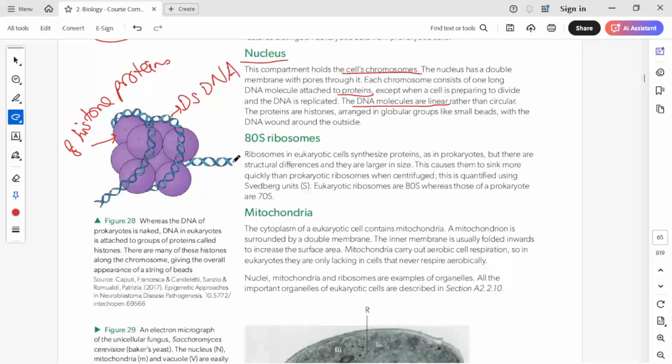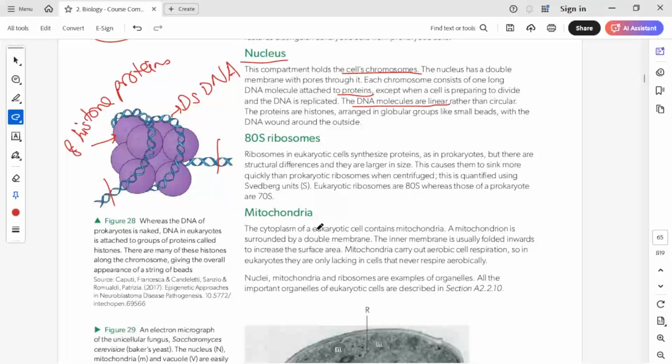Then it will go ahead, and one more such structure will be present. So the whole DNA is wrapped around these histone proteins, and this single unit from here to here is called a nucleosome.